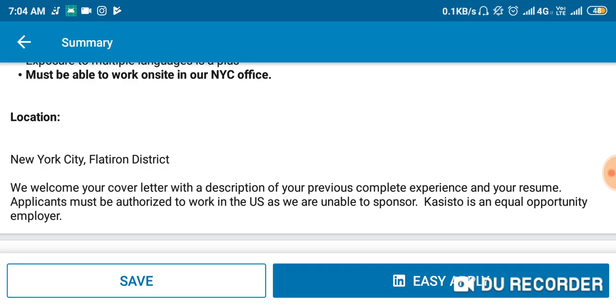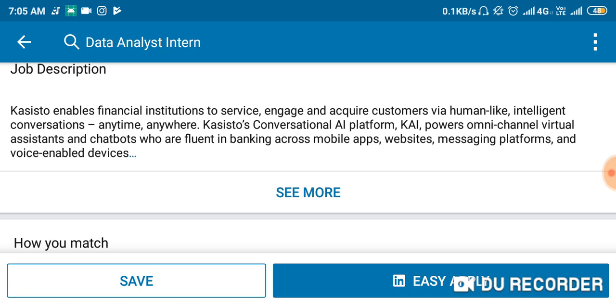So why not come to my startup or my company and work? Actually there are a lot of startups in the USA alone, and they offer a huge, handsome package to their employees. So why don't you prepare for these companies? Why don't you look for these companies? These are very good. They are offering a lot of things. So these are the companies and the things that you have to look for.